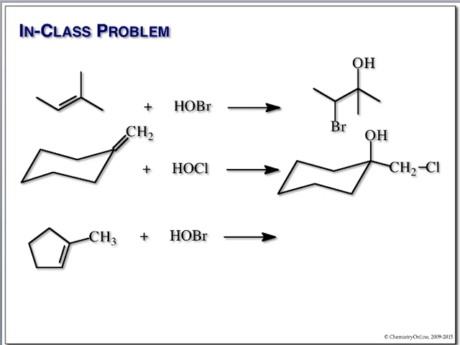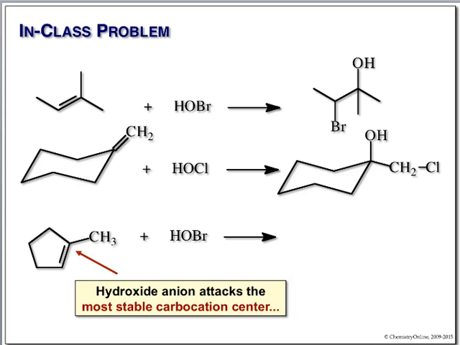So with our next one, we're going to add HOBr. Hydroxyl group is going to go to the carbon that gives the most stable carbocation. And the addition will be trans. Here's our most stable carbocation, the tertiary carbon. Draw the product.